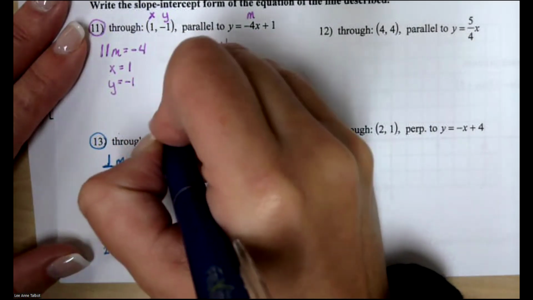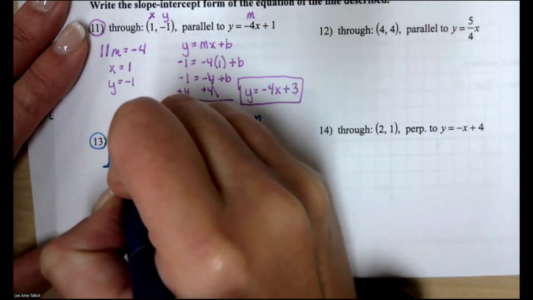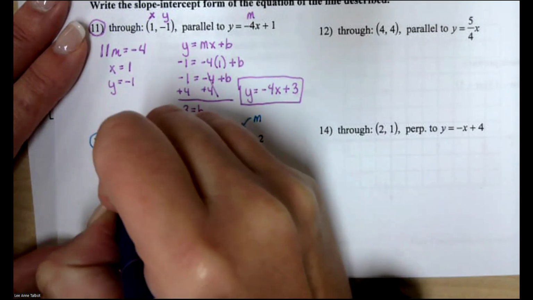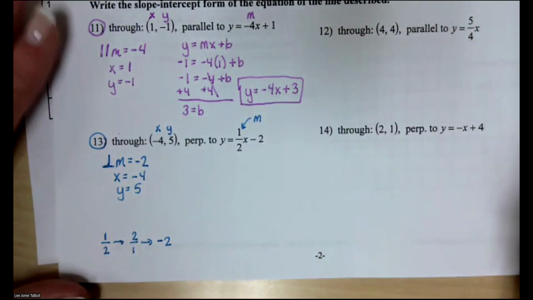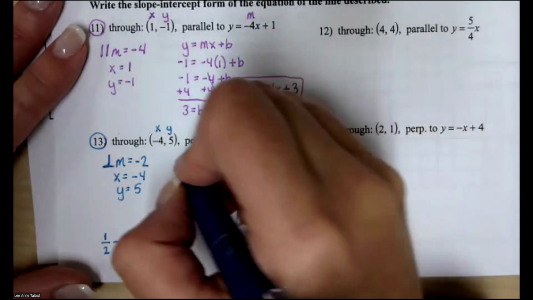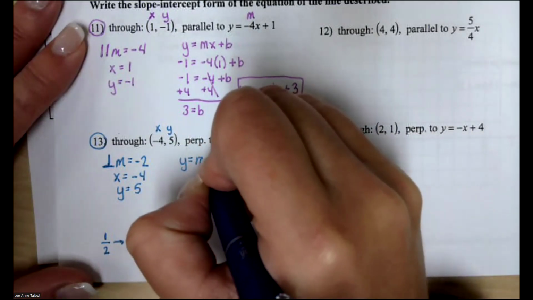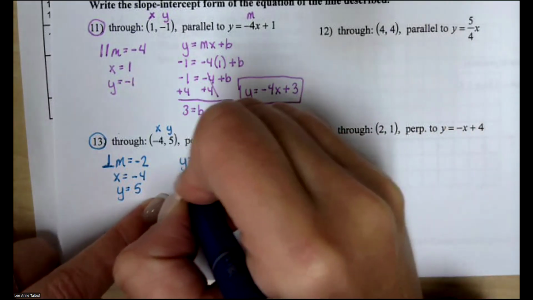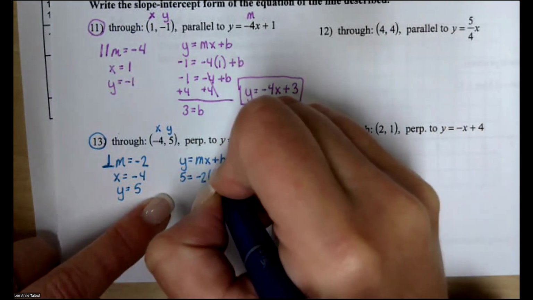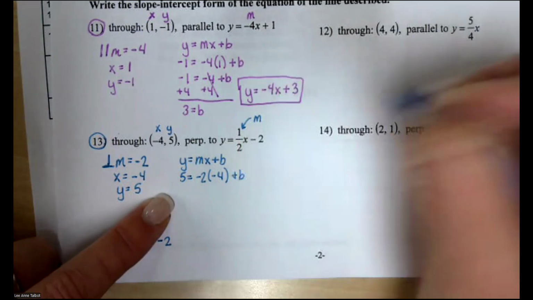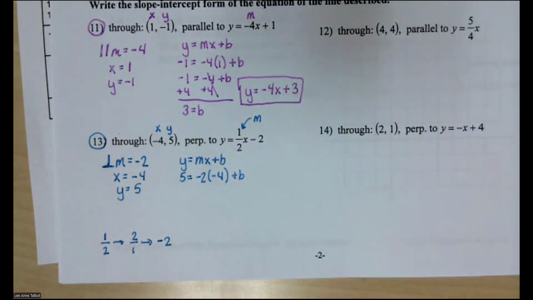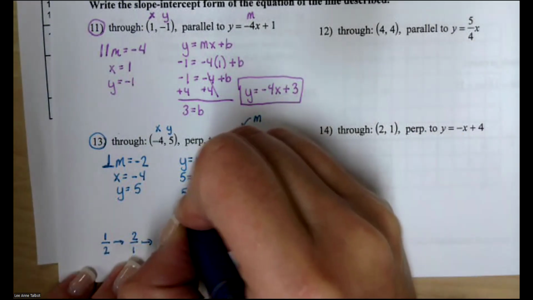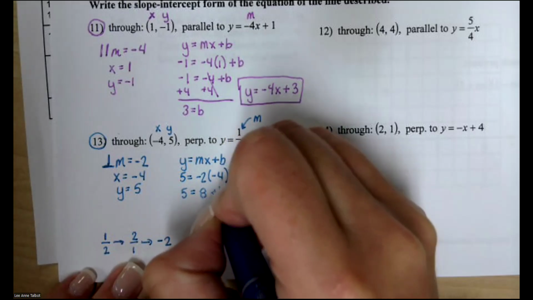And x is -4. Y is 5. Y equals mx plus b. Two times 4 is 8.